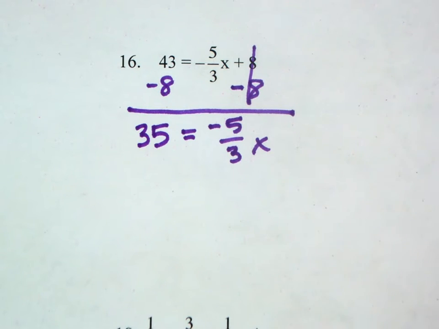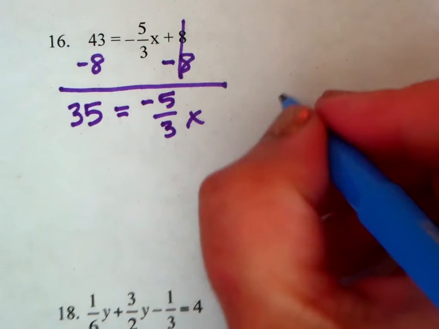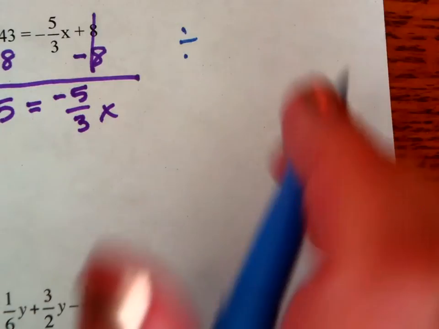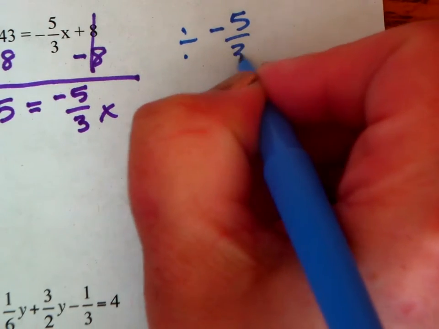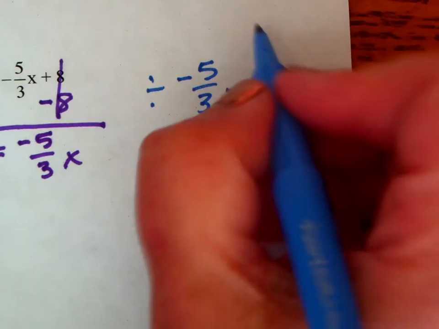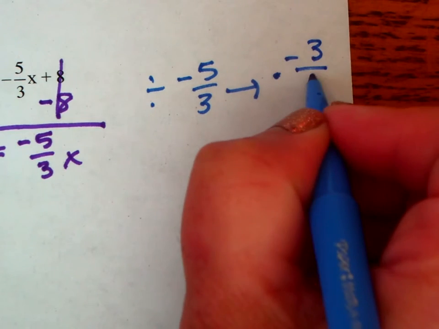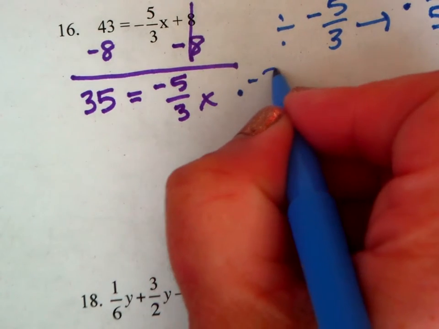Okay, so 35 equals negative 5/3 x. So what I'll now do is, remember, I'm going to divide by negative 5/3, which is the same as multiplying by negative 3/5, the reciprocal of that. Okay, so I'm going to multiply by negative 3/5.